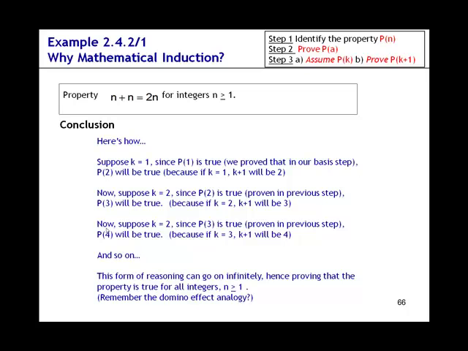And suppose k equals 3, since P3 is true, proven in the previous step, P4 will be true, because if k equals 3, k plus 1 will be 4, and so on. So we have actually come up with a generalizable proof, a proof that we can use to build upon the values of n. Remember the domino effect in the analogy.